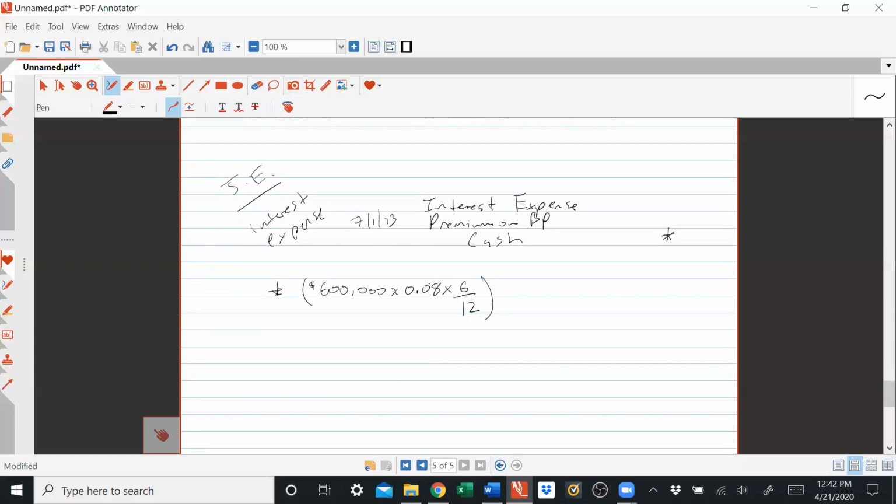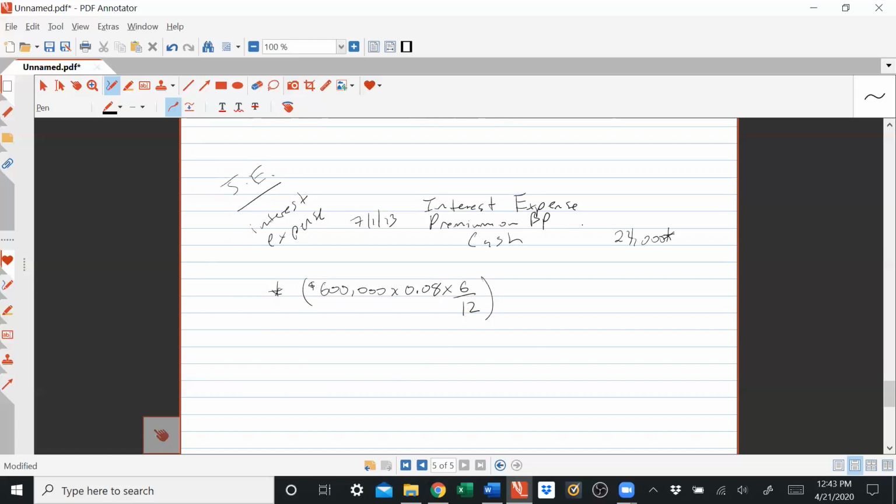So from Eaton's standpoint, we're going to credit cash for 600,000 times 8% times a half, which is $24,000. Every 6 months, we're going to cut a check to the lender for $24,000. That's the interest we owe them on this bond.